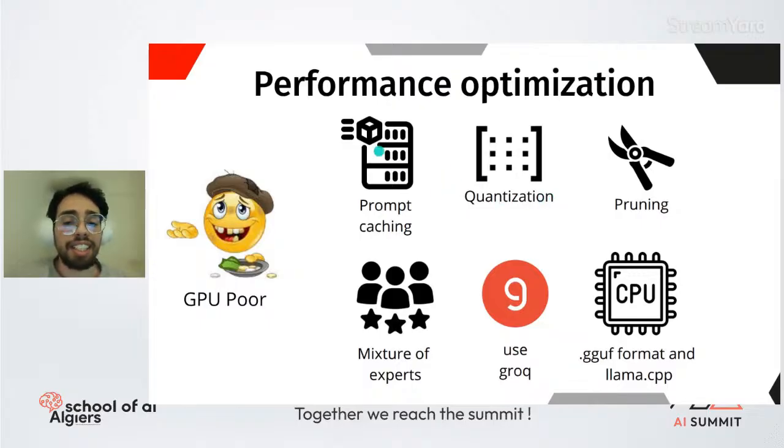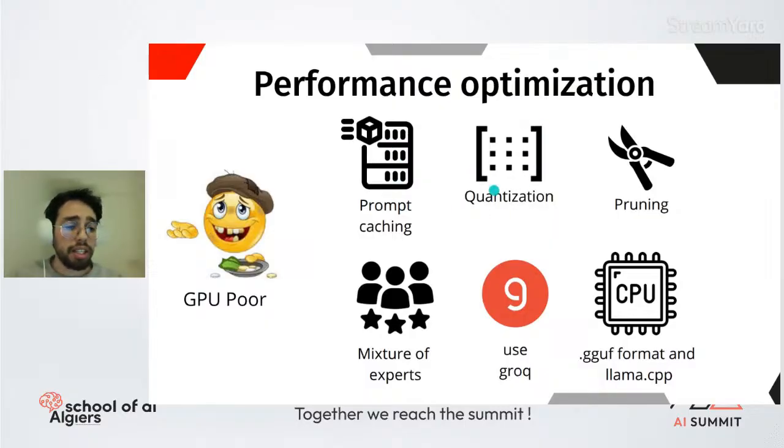But you can use the prompt caching technique to reuse prompts that were already generated if you ask the LLM the same thing. So you don't go to the GPU. You just directly use the cached prompts. I can cite here a famous framework, KV cache.